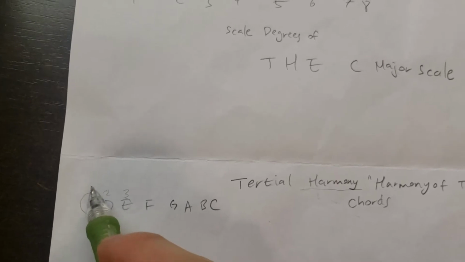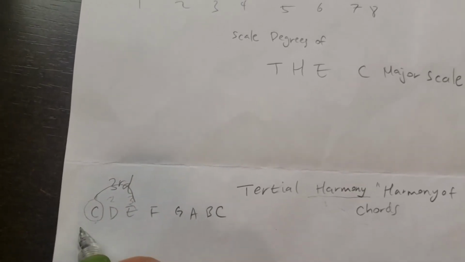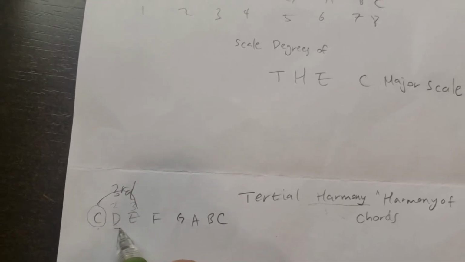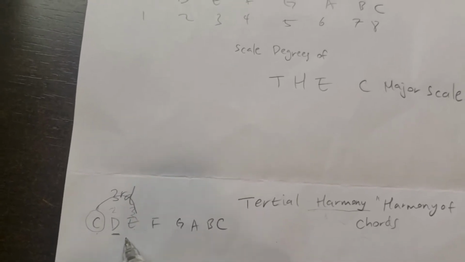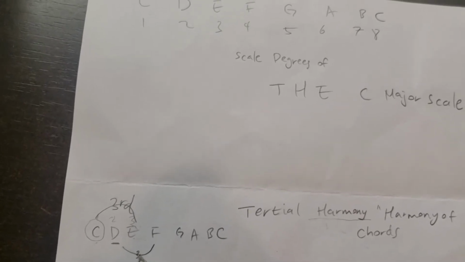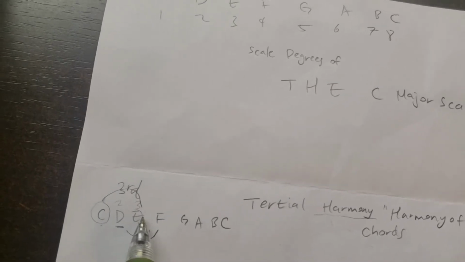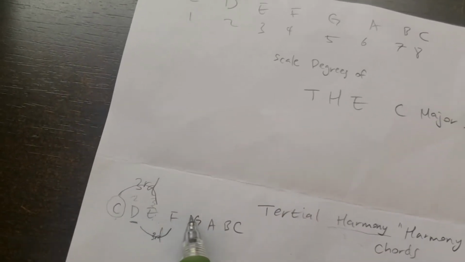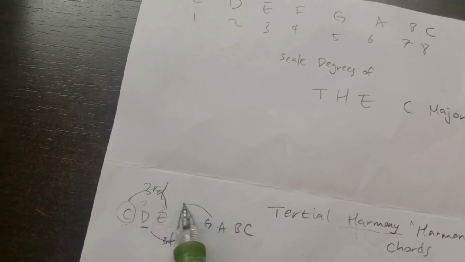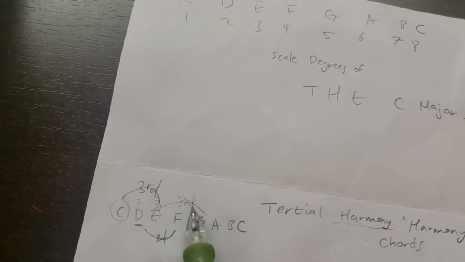E is the third of C. What's the third of D? 1, 2, 3. F is the third of D. What's the third of E? E, F, G. 1, 2, 3. G is the third of E.